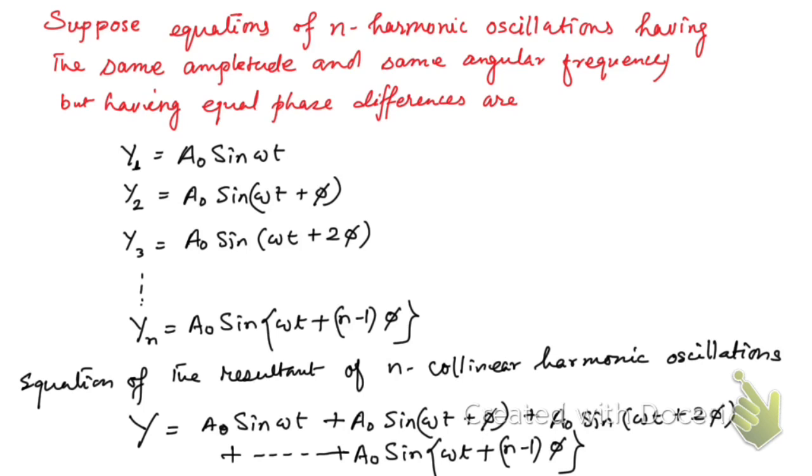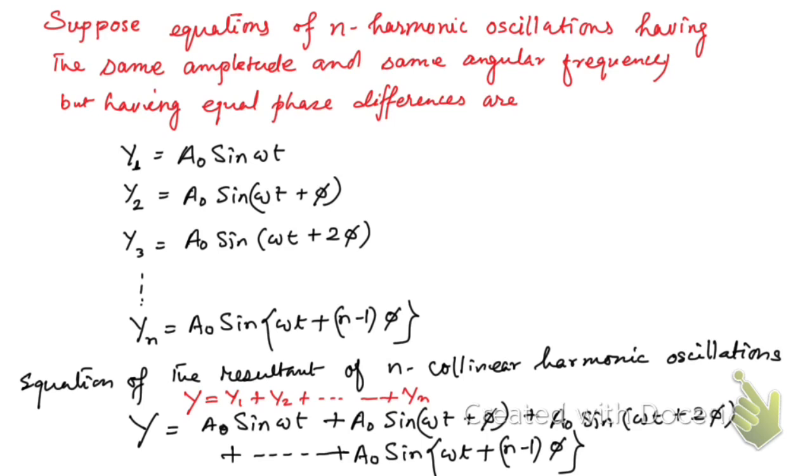That means the resultant is obtained by adding y1 plus y2 plus and so on up to yn.